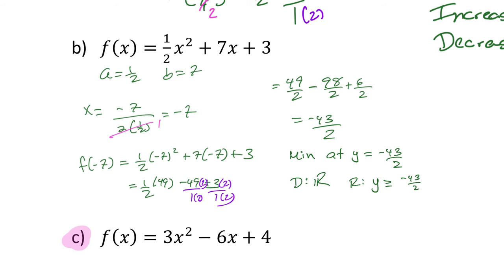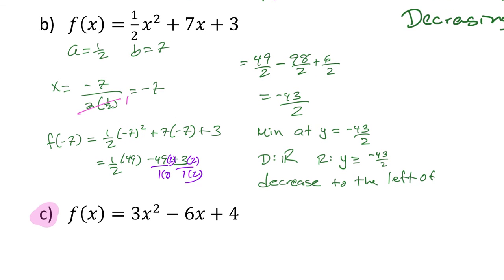Right? It's decreasing to the left of x equals -7, and it's increasing to the right of x equals -7.